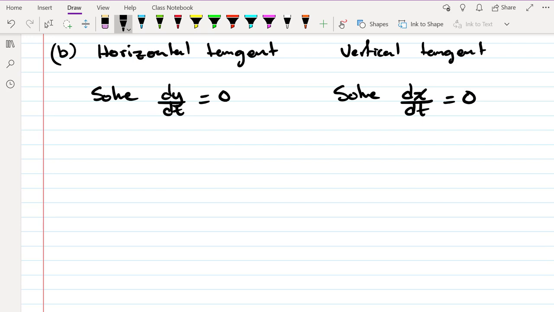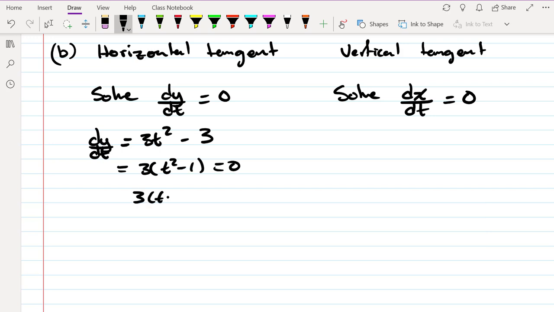All right, so we take our derivative. dy/dt is going to be 3t squared minus 3. So we factor out our 3 and we get t squared minus 1 equals 0.